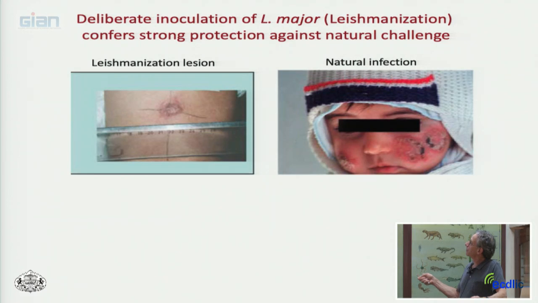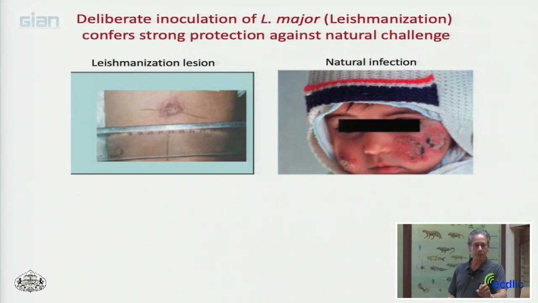And what this involves is the deliberate inoculation of virulent Leishmania major on selected sites, usually the arms, sometimes the buttocks. And when those deliberately inoculated lesions heal, these individuals have strong protection against a natural exposure.